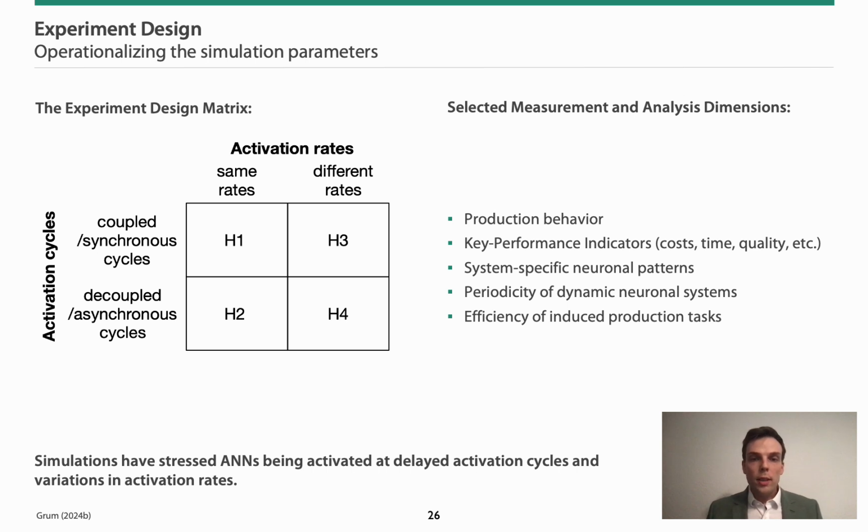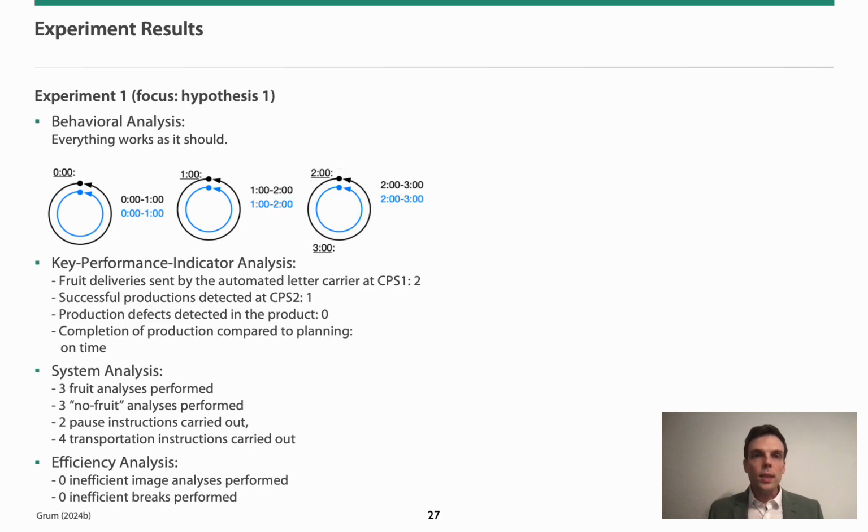What has been measured and analyzed? There are multiple options. Some of them are selected here. Let's focus on the first experiment first. The behavioral analysis shows the following for the 3 production periods simulated.